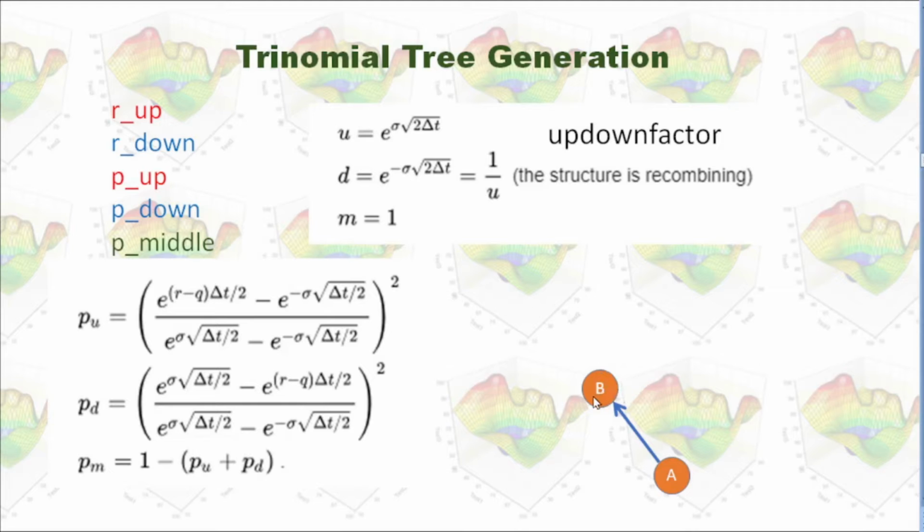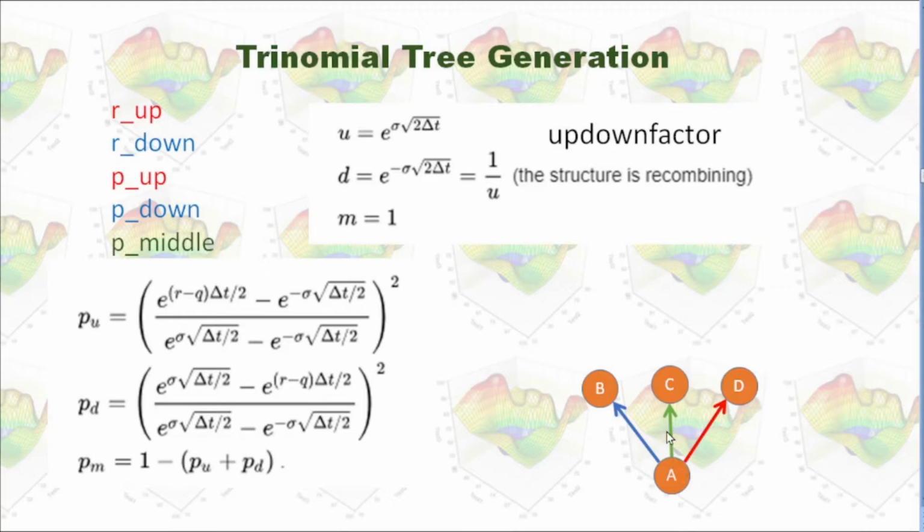And D will be the rate going down times the up-down factor. Similarly, when it goes straight here, also the probability is 100%. Going up also has 100% when it reaches data point D.